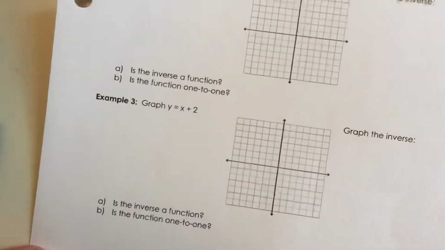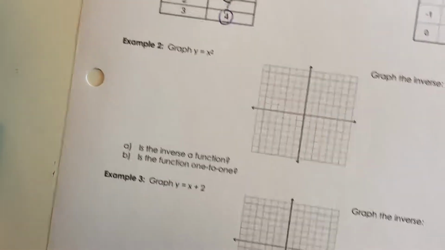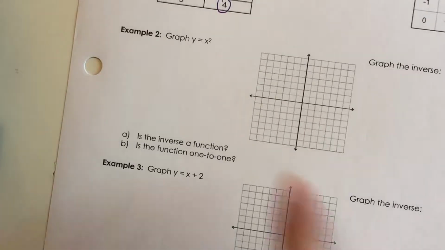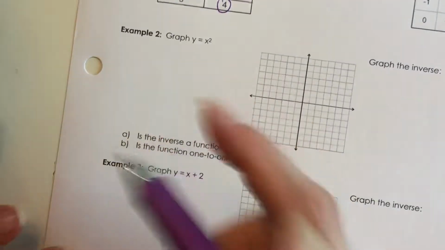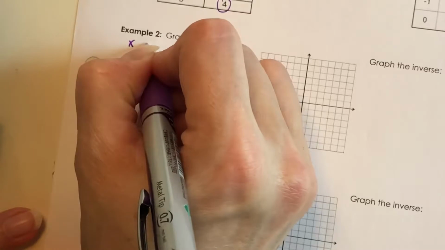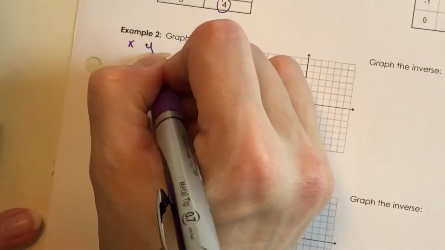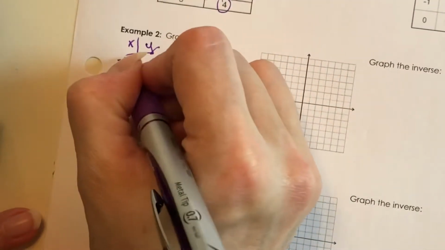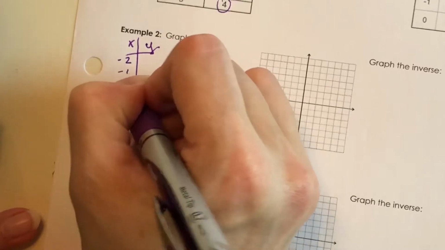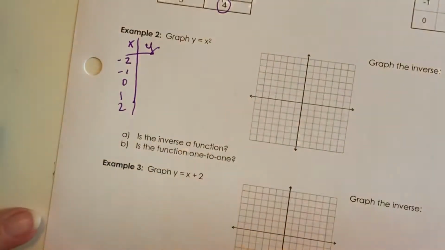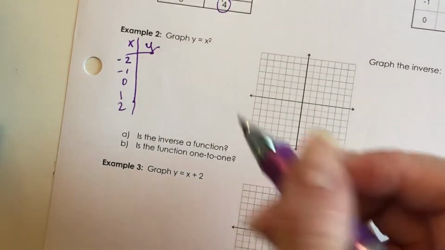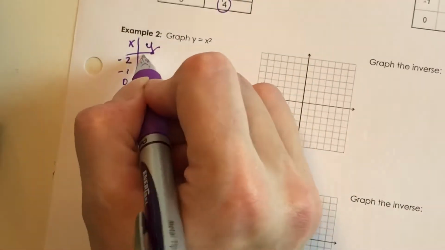Example 2. Graph y equals x squared. All right, so I'm going to do a table of values. For my x's, I'm going to put in -2, -1, 0, 1, 2. If I put in -2 for x and square, I get 4.